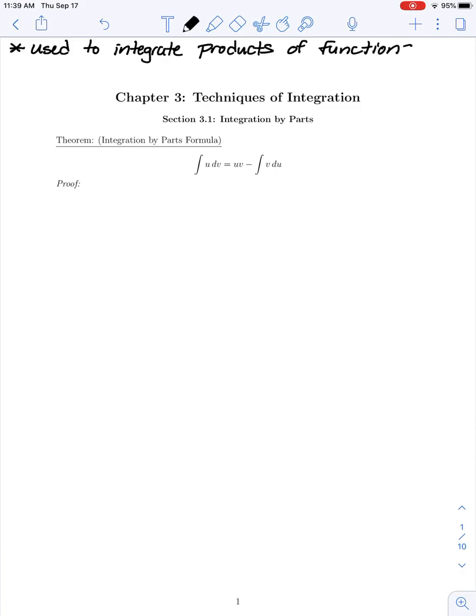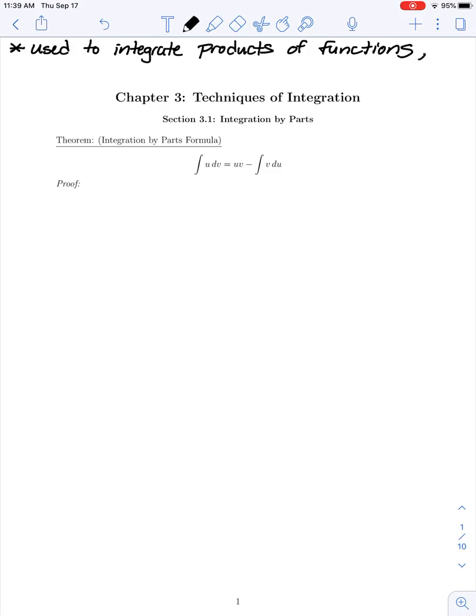We've considered some examples already where, if we're multiplying two polynomials, we could expand and then integrate term by term. So really we're just using integration by parts to integrate products which cannot be simplified any further.